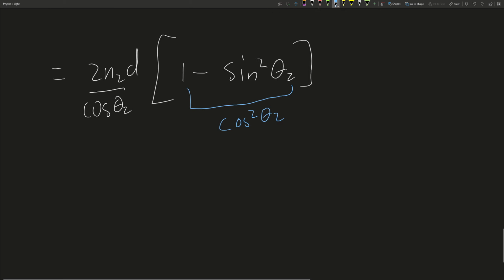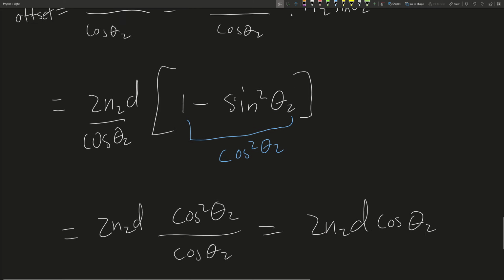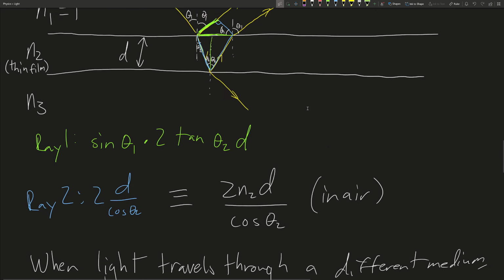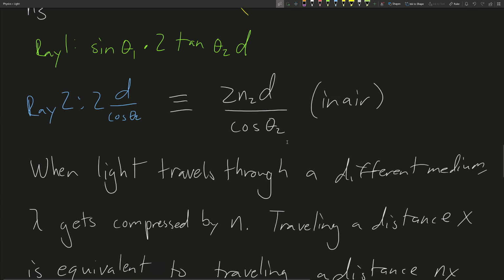If we simplify this, we get 2n2d cosine squared theta 2 divided by cosine theta 2, which is just equal to 2n2d cosine of theta 2. So this is the offset, or the difference between these two rays right here.